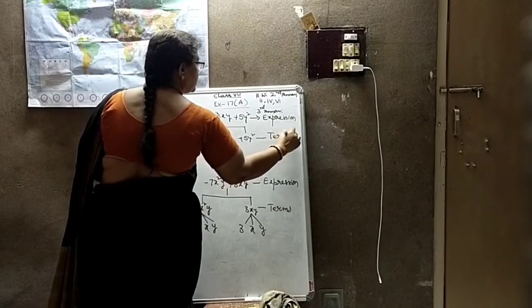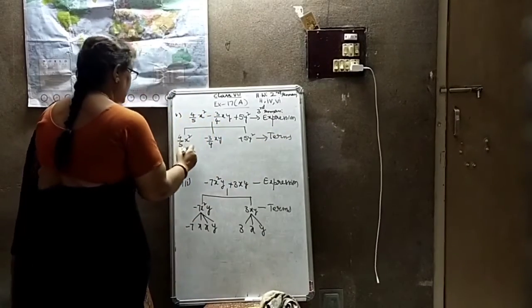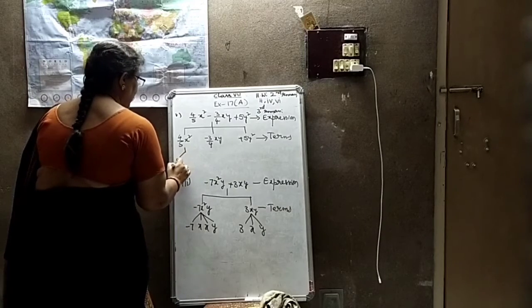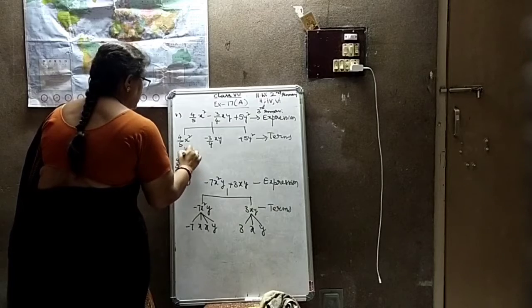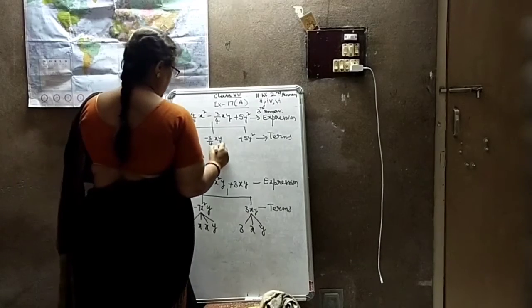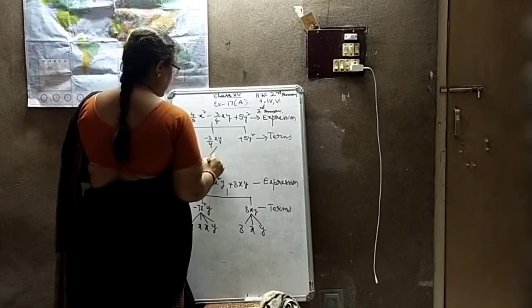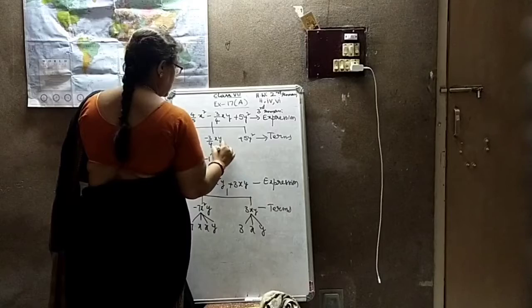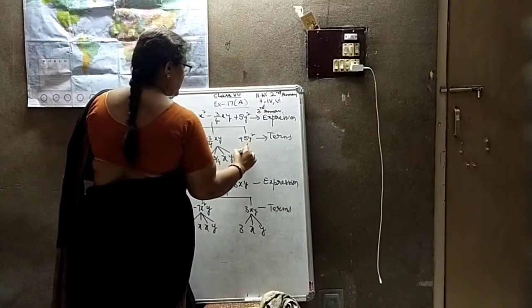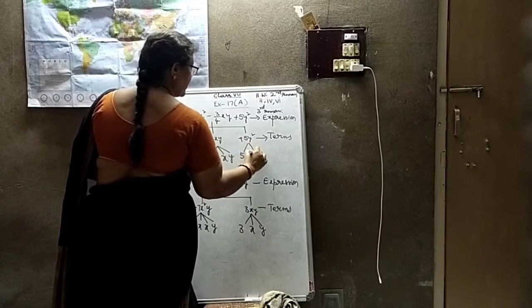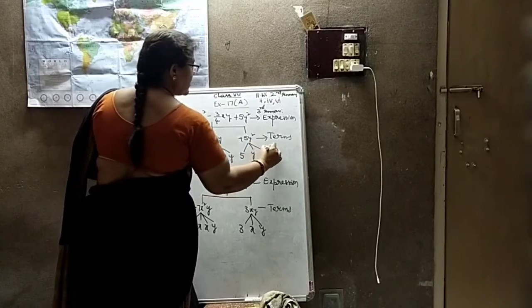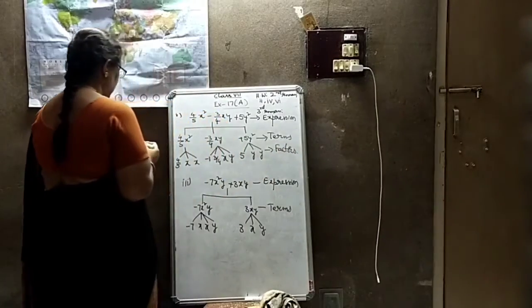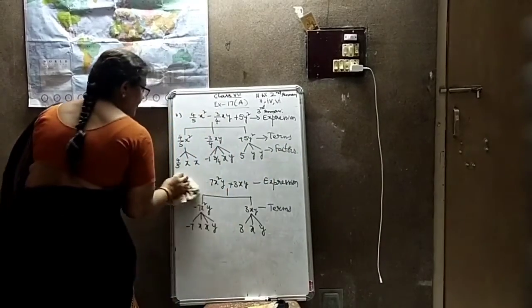Terms: 4 by 5 x square, minus 3 by 4 xy, 5 by 6 y square. Factors. Right, children?